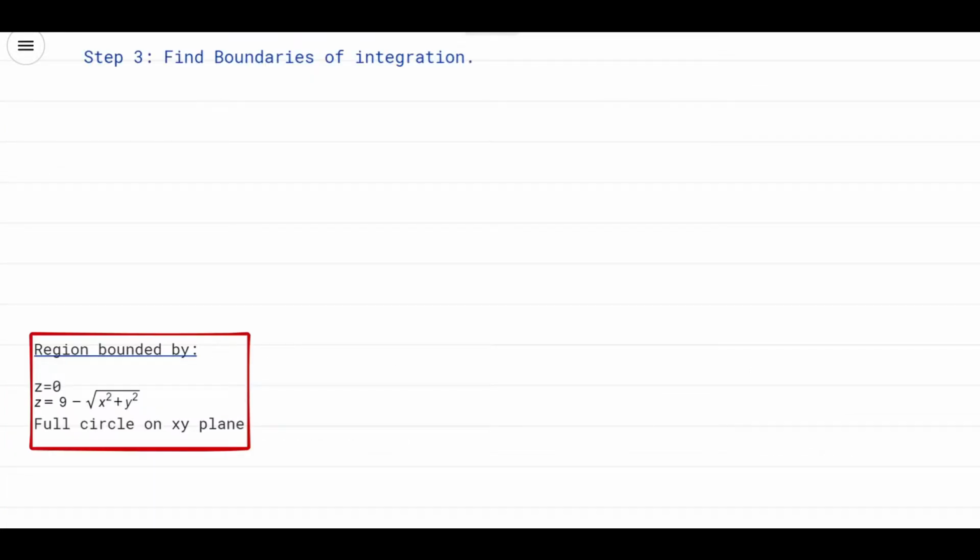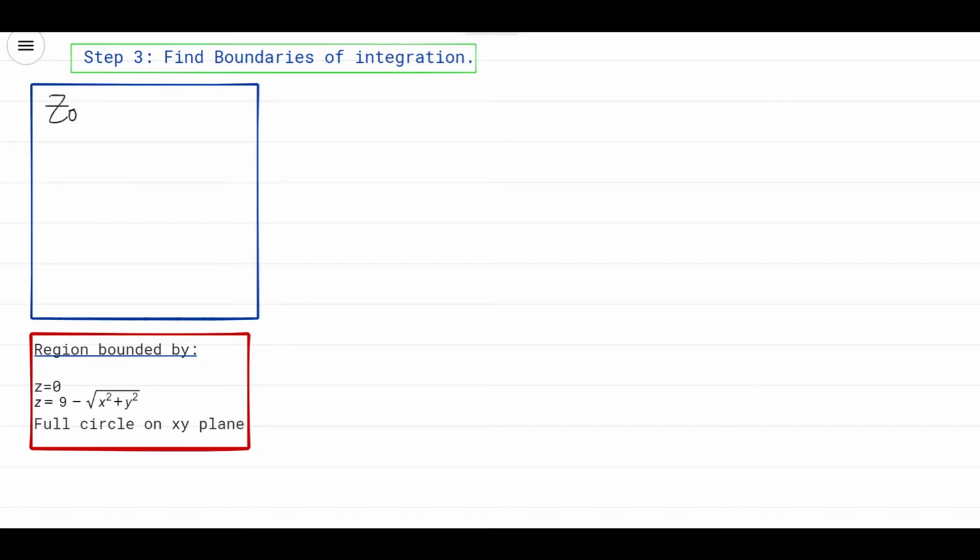Now that we have it in cylindrical coordinates, we move on to step 3, where we find the bounds of integration. We know the region is bounded by z equals 0 and z equals the square root of 9 minus x squared plus y squared, and it's a full circle on the xy plane. How do we interpret this? Let's start with our z bounds. The lower limit is 0, and the upper limit is given as the square root of 9 minus x squared plus y squared.